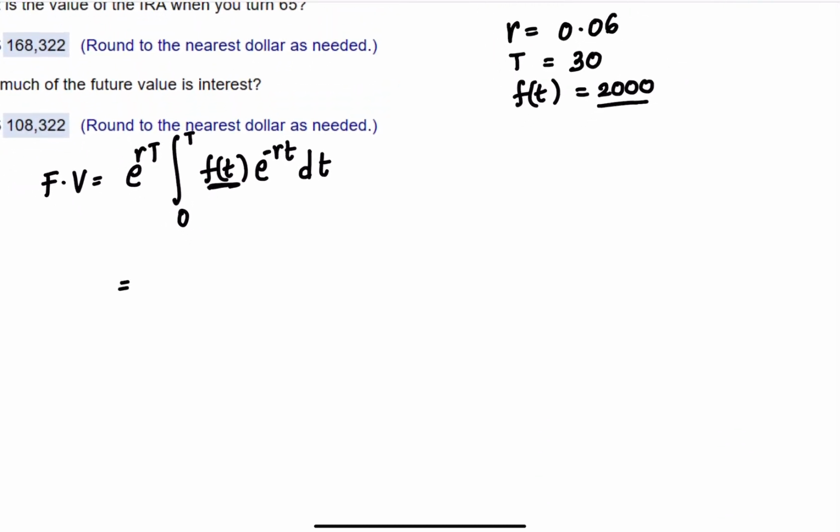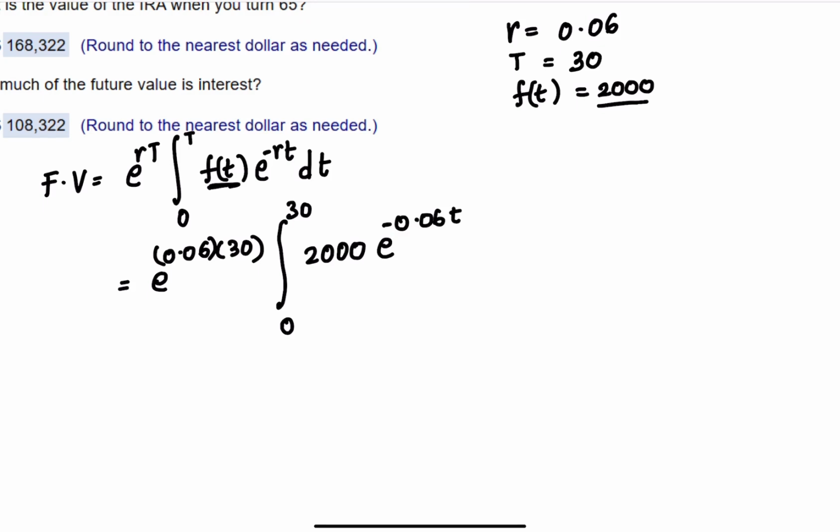So this is e to the power r, which is 0.06 times, I'm going to put parentheses, it makes my life so much easier, 0 to 30. f of t is 2,000, e to the power negative 0.06 t dt.